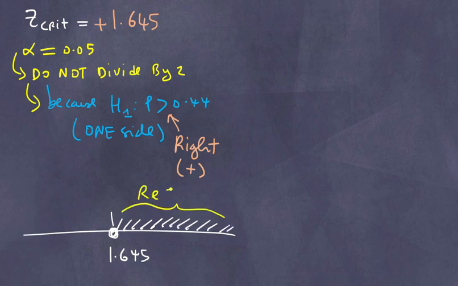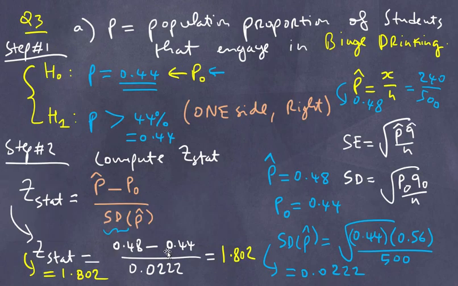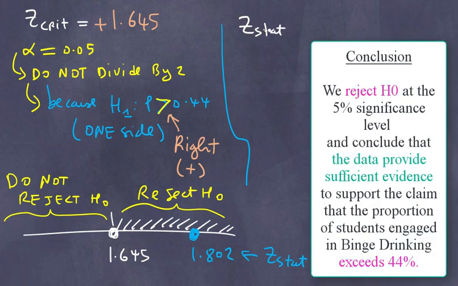We will reject H0 if Z stat is above 1.645. But if Z stat is below 1.645, if it's less, we do not reject H0. We found Z stat to be 1.802. So since Z stat is bigger than Z crit, we reject H0.